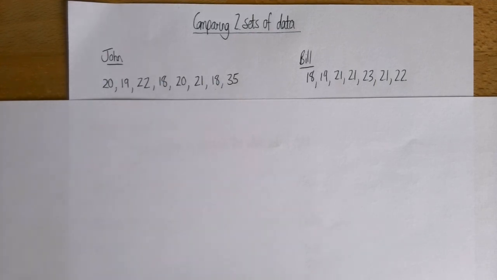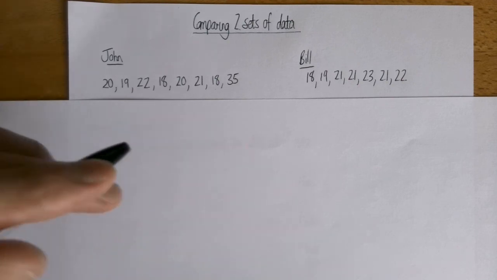John and Bill are really good at maths, and I really enjoy teaching them, but they're also quite good at athletics. And here are their times for the last few 100-metre races that they have run. These are in seconds. I don't know if you've ever timed yourself over 100 metres, but these are not the fastest times, but they enjoy running, so there we go.